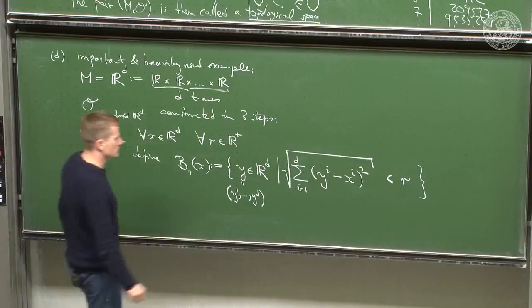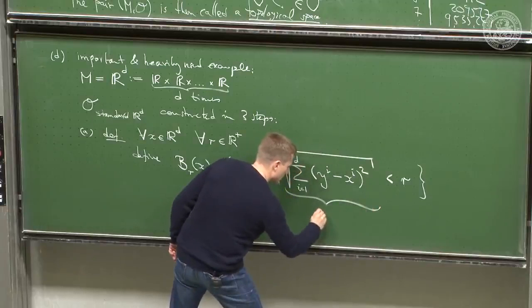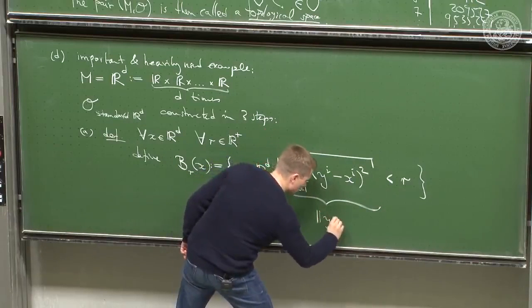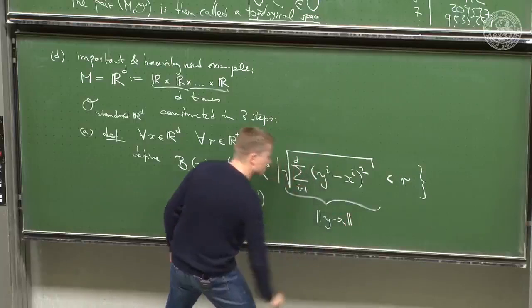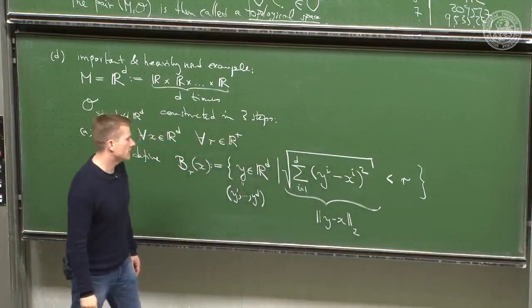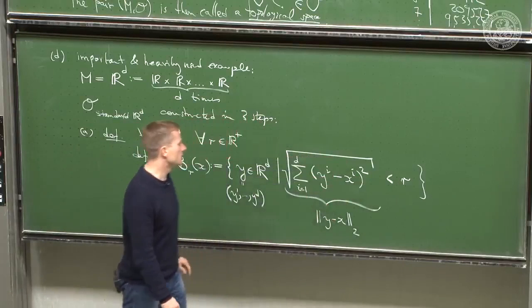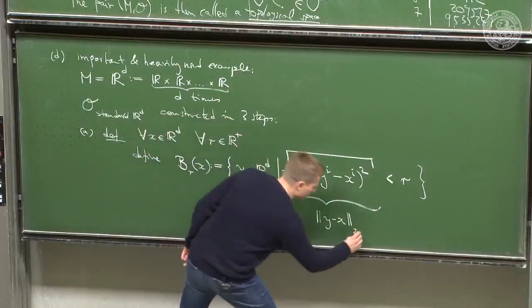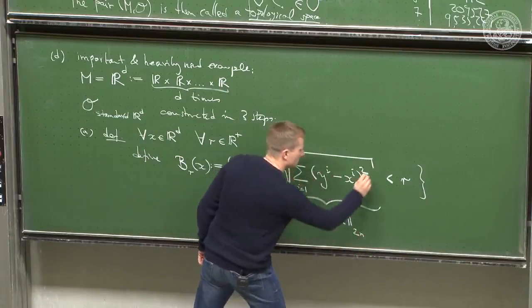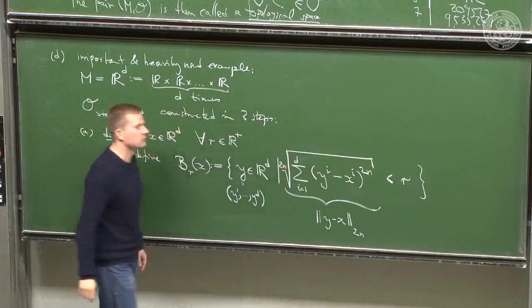Now, of course, this is usually written as the norm of the difference between these tuples, and more precisely it's called the 2-norm, because you take squares of the differences and then you take the square root. You could also take a 2n-norm, where you take the power 2n, but then you also take the 2n-th root.